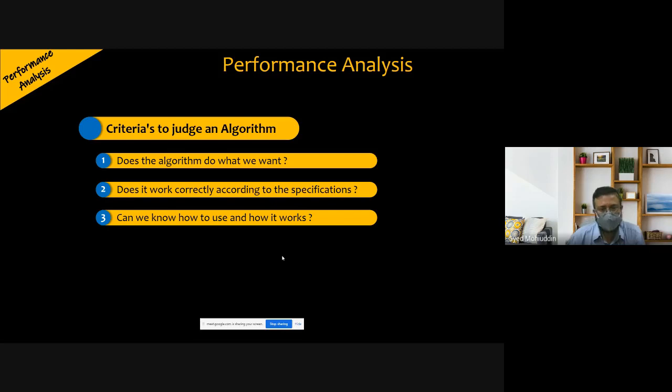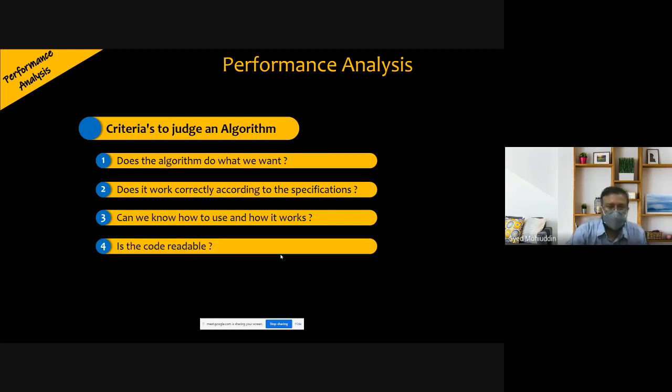So you should know how it works. Then, is the code understandable or readable? You may use any kind of variables, but is it actually understandable by anyone who looks at it?